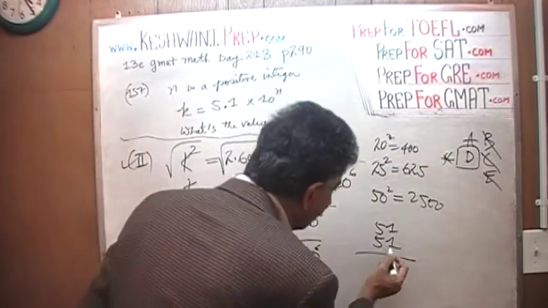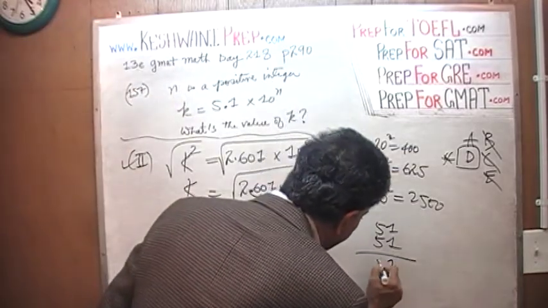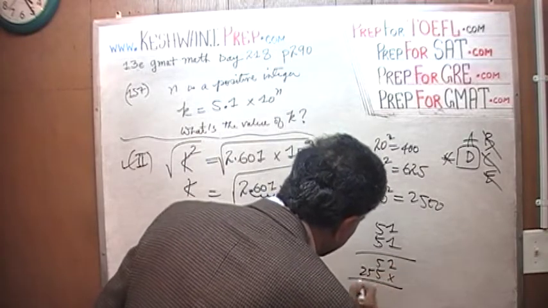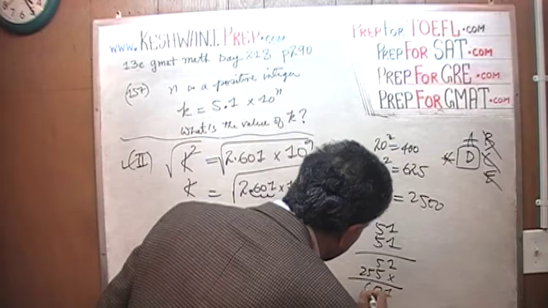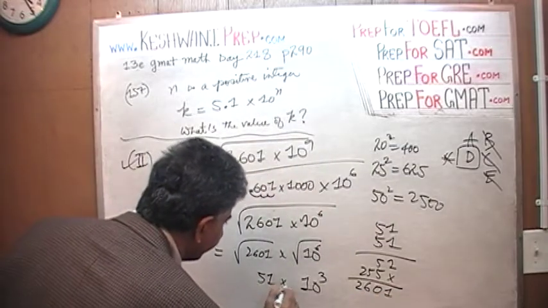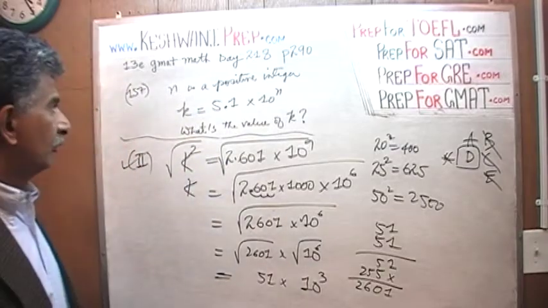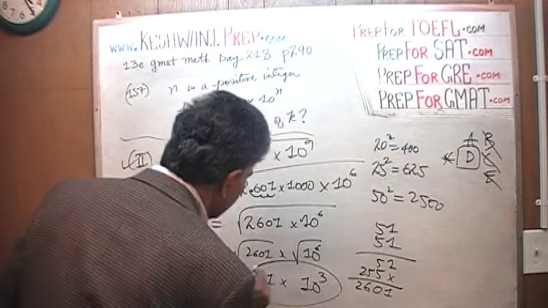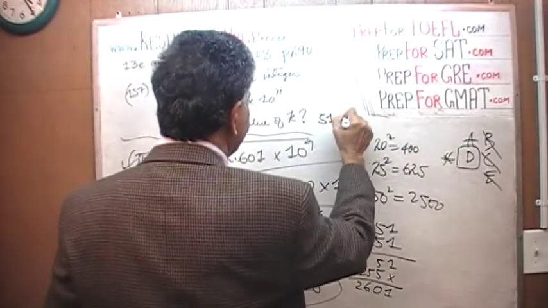So let's do it then. 1 times 51 is just 51, 5 times 1 is 5, and 5 times 5 is 25, and we get 2,601, voila. So there you go. It is 51. So the question was, what's the value of k? The answer is, the value of k is 51,000.